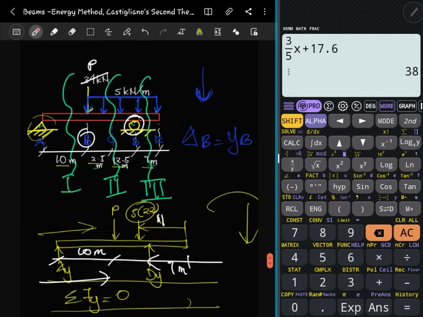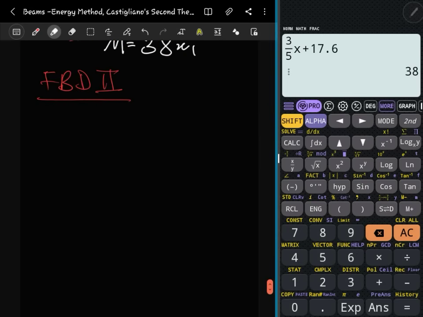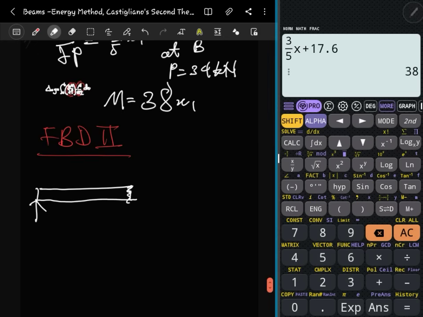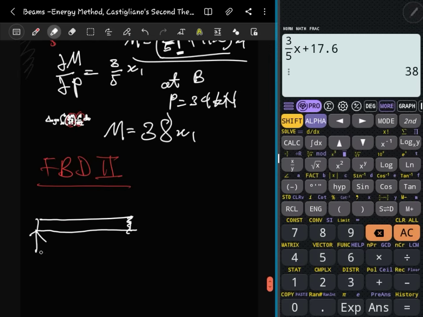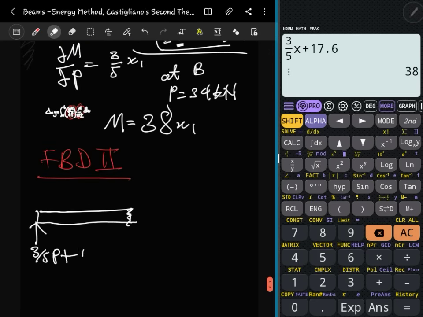So let's do that. You're moving from the left, and you choose the position to make sure that you get the least number of forces possible. So we encounter this reaction force first, which is 3 on 5 P plus 17.6.